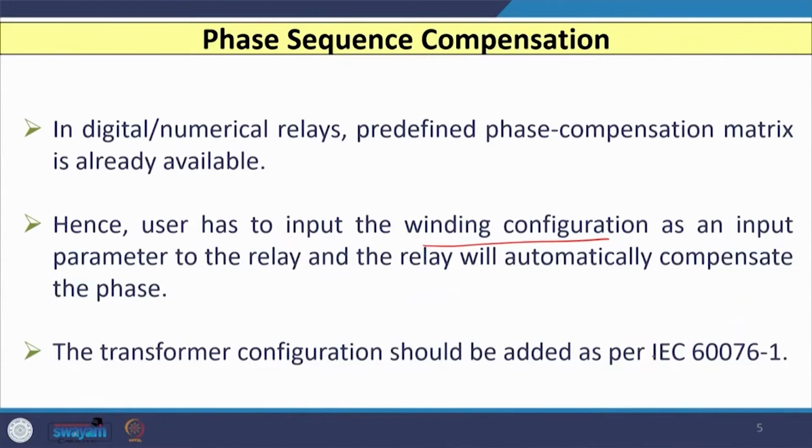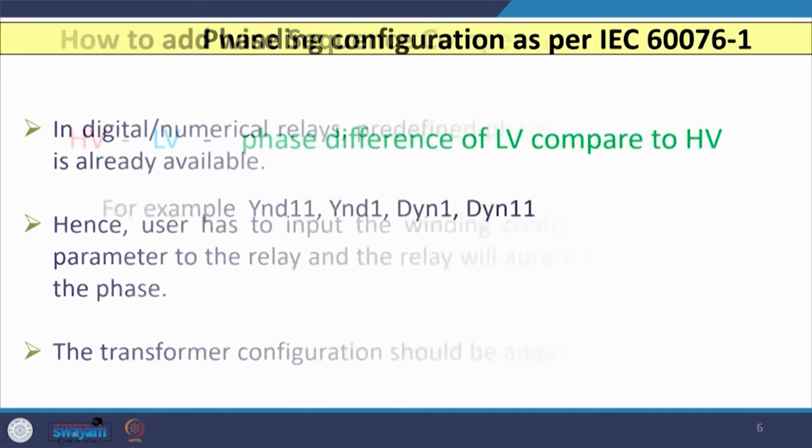Now, the question comes, in what fashion we have to input the winding connection or vector group. For a transformer, depending upon what configuration is used, we have to enter the winding configuration or vector group as per the IEC 60076-1 standard. So, let us see what this standard indicates.